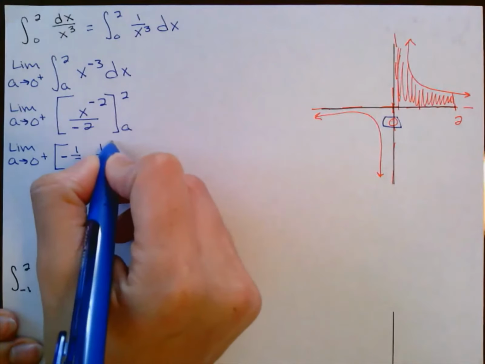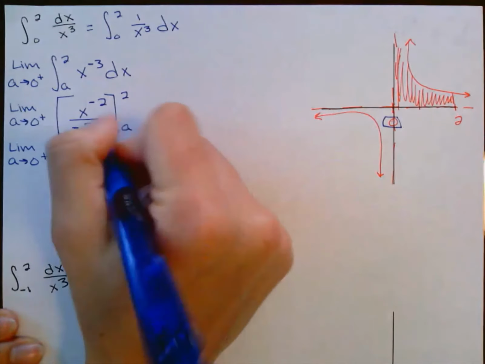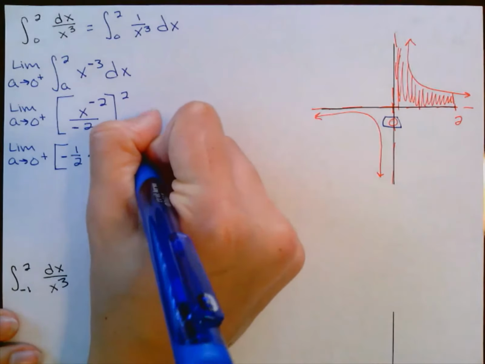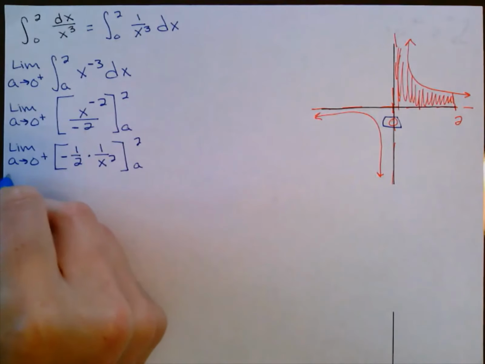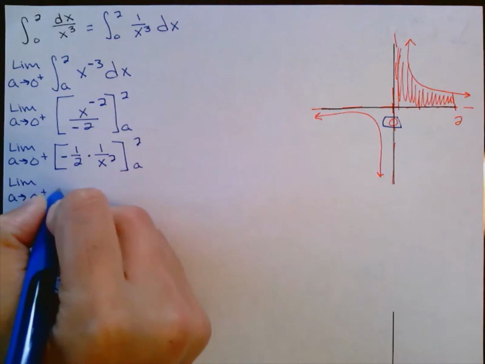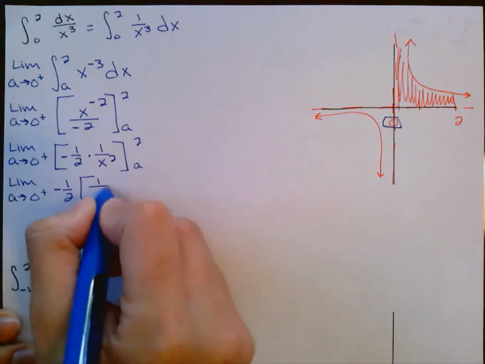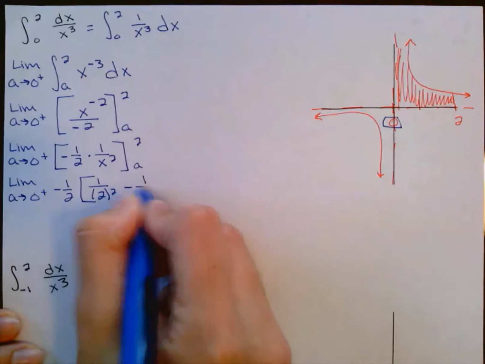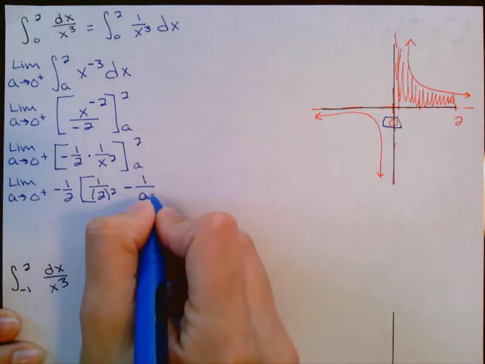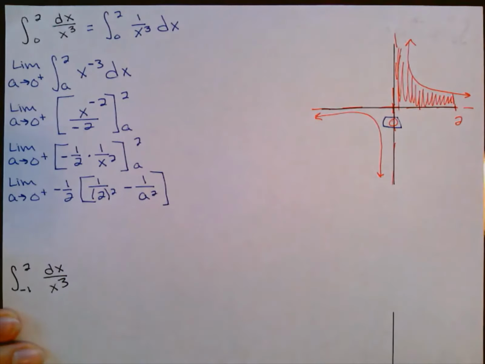Okay, this gives me the luxury that I can deal with that negative 1/2 later and just work with 1 over x squared. So one more time because I'm not plugging it in yet, I'm going to put my negative 1/2 out here and say my function at b minus my function at a. Now I can plug my 0 in.